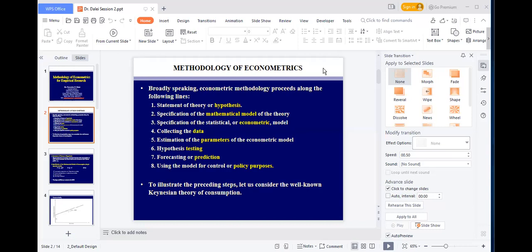That means the rate at which income increases, consumption does not increase at that rate. It is always less than that, right?